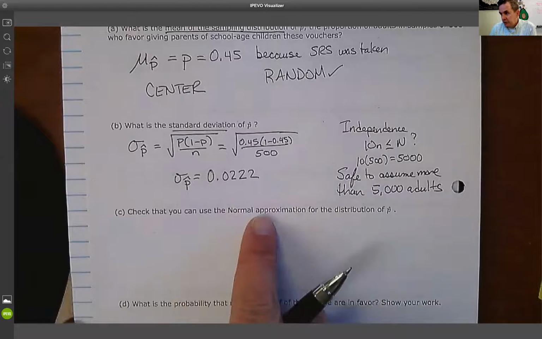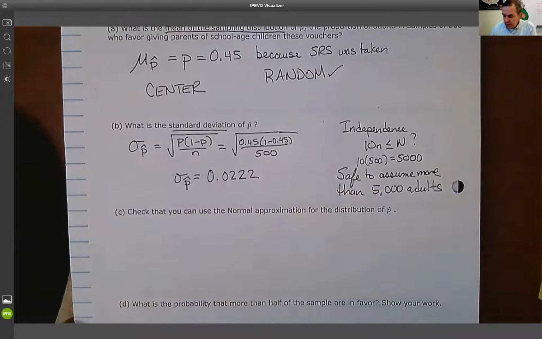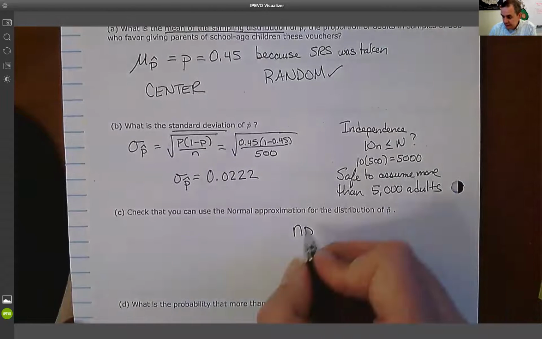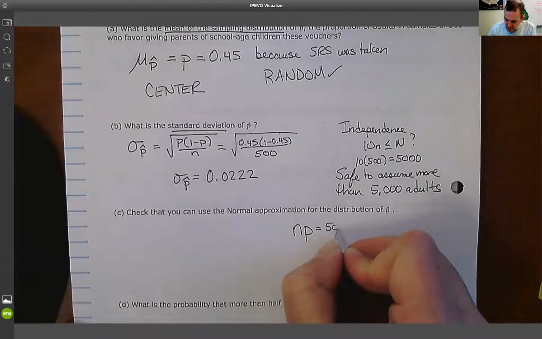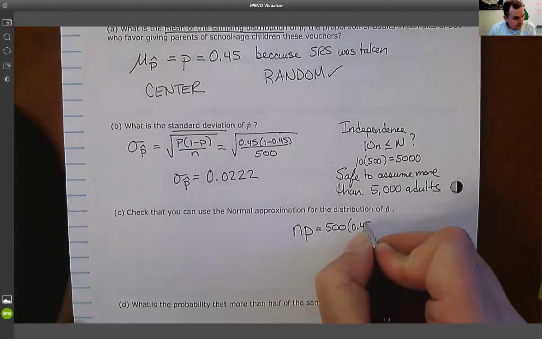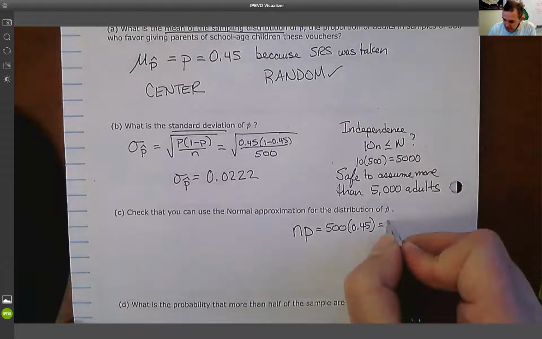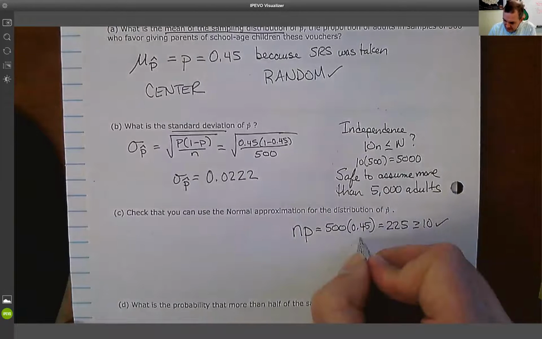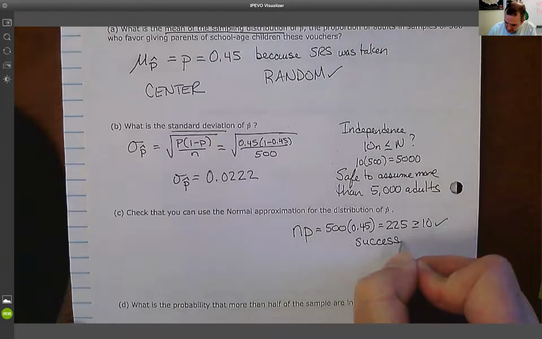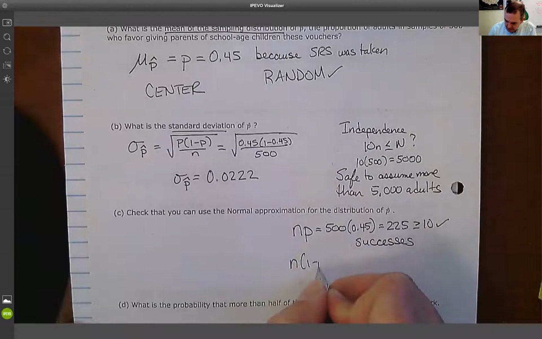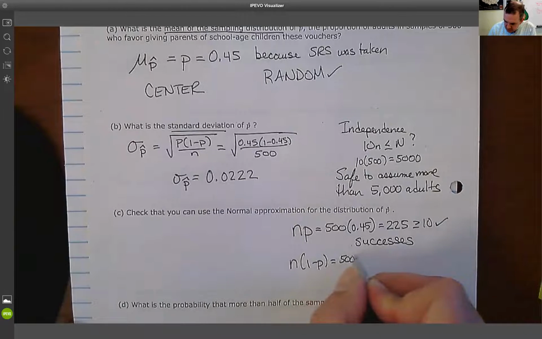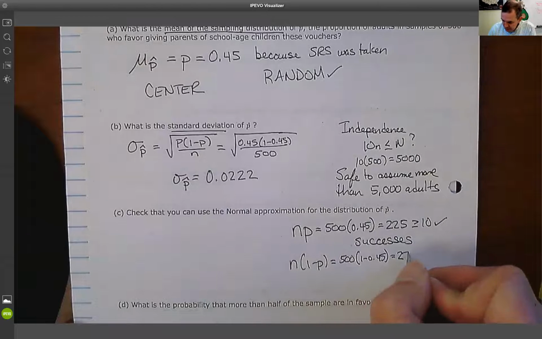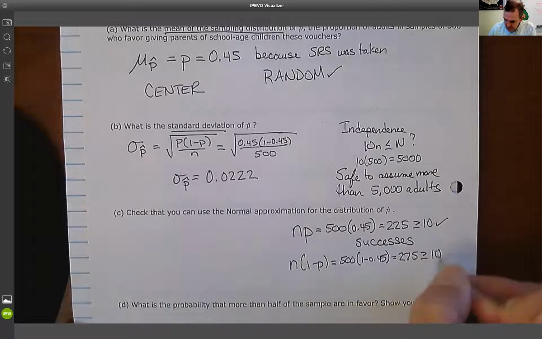The next one, can you use the normal approximation? Is the shape normal? The way we check that is we need to do np. In this case, n is 500, p is 0.45. 500 times 0.45 is 225. That's greater than or equal to 10. So these are my successes. And n times 1 minus p, so 500 times 1 minus 0.45, equals 275, which is also greater than or equal to 10.